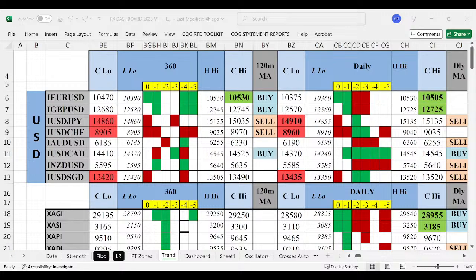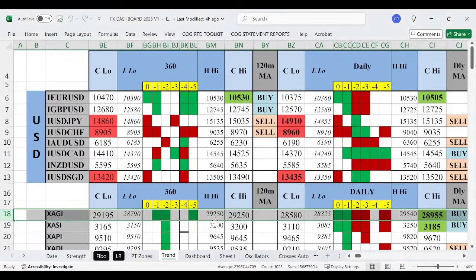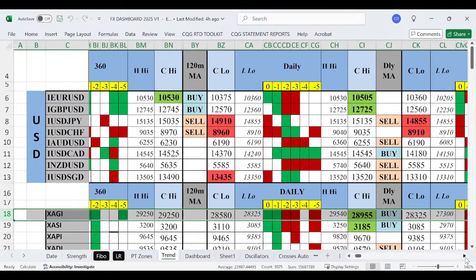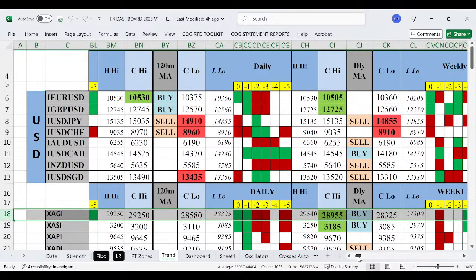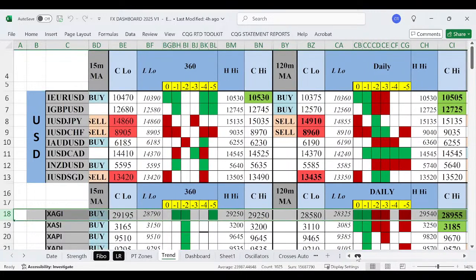So let's quickly do the trade analysis for gold. The gold right now today is up on the daily. Up on the daily means it's trading above the previous day high, and flat on the weekly, and also flat on the 360.